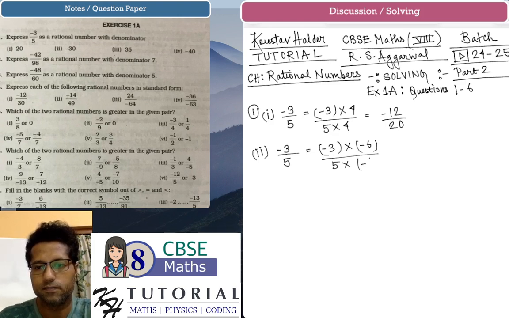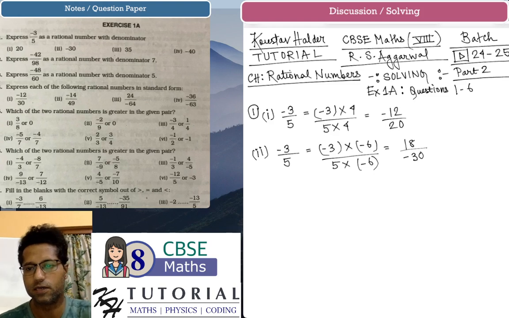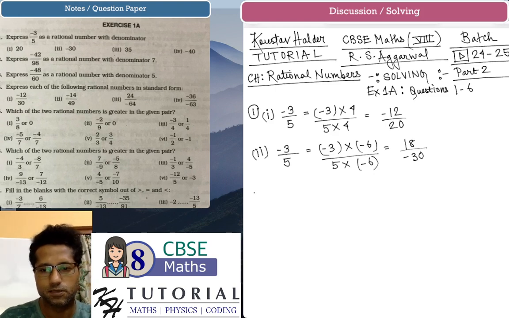So we have now this equivalent rational number, minus 3 into minus 6 is 18, and the denominator 5 into minus 6 is minus 30. So 18 by minus 30 is the equivalent rational number of minus 3 by 5, and it has a denominator minus 30. Okay, let's see part 3.